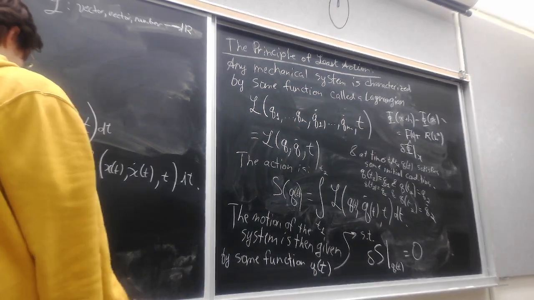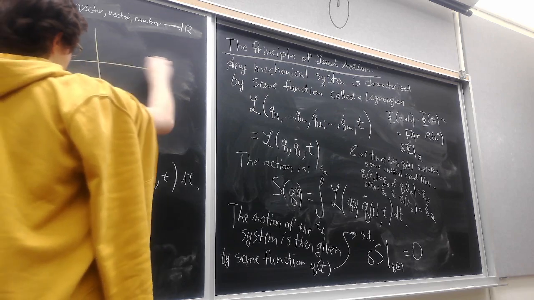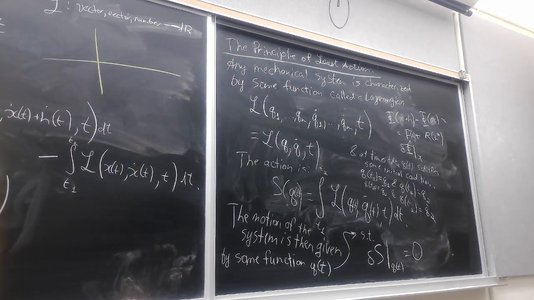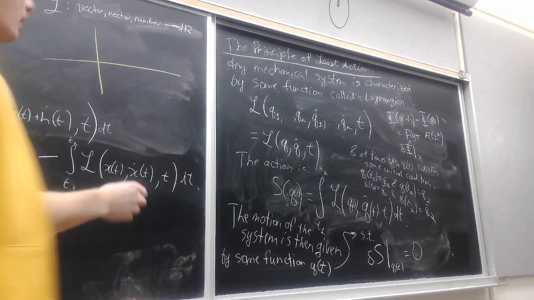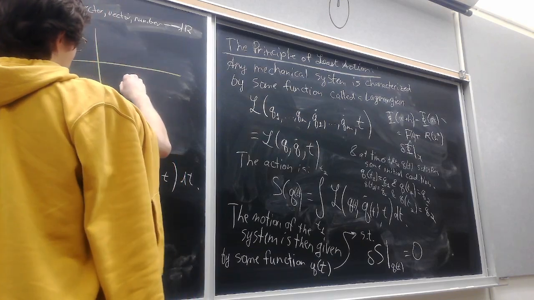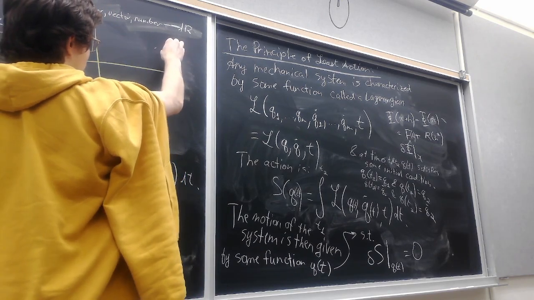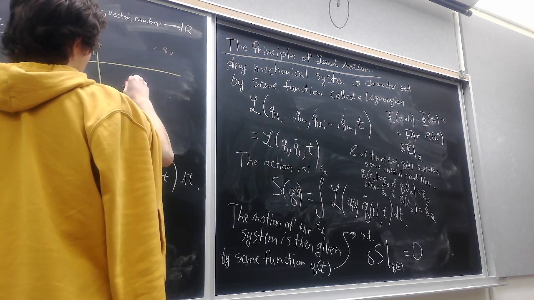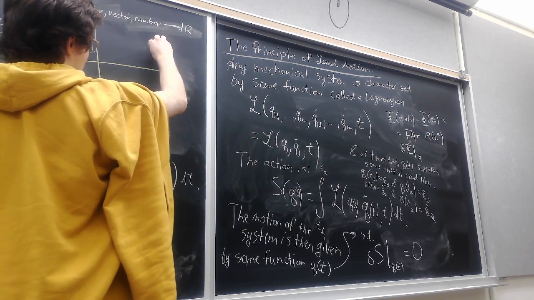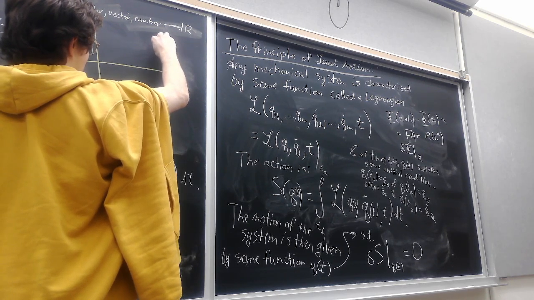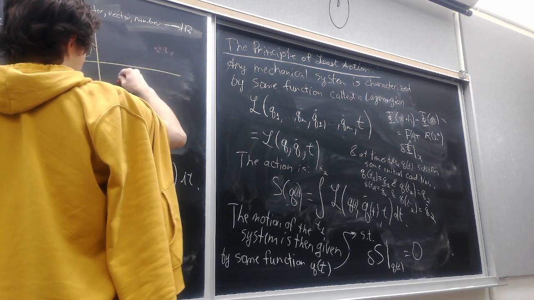I have my coordinate axes, and suppose that I know that my system has to start at some point Q1 here and end at some point Q2 here, and initially it has to have some velocity Q1 dot, and here some final velocity Q2 dot. Okay?